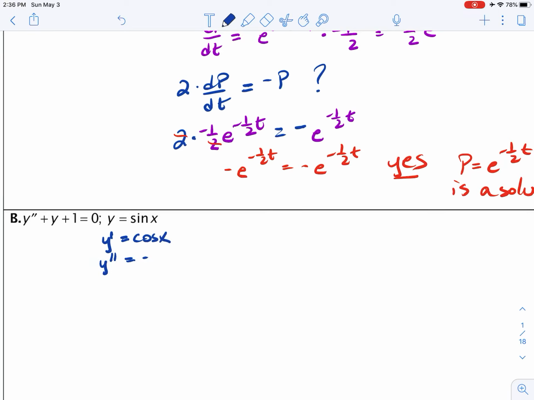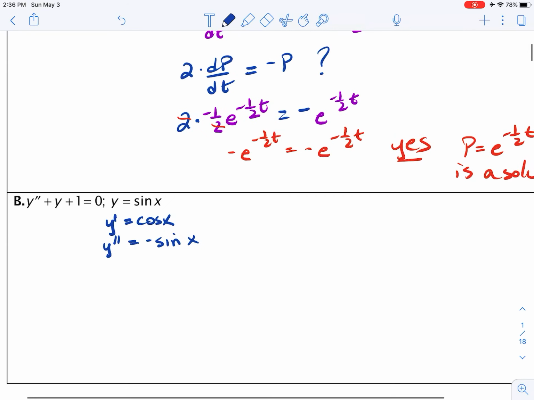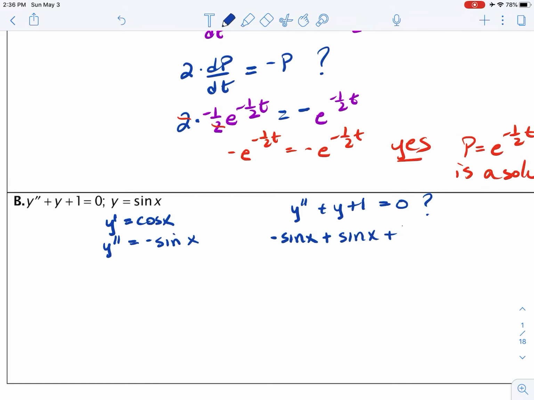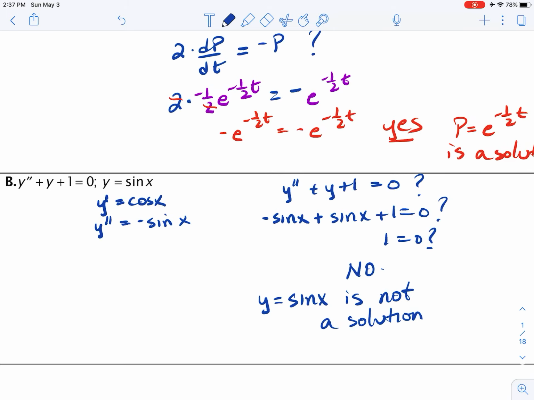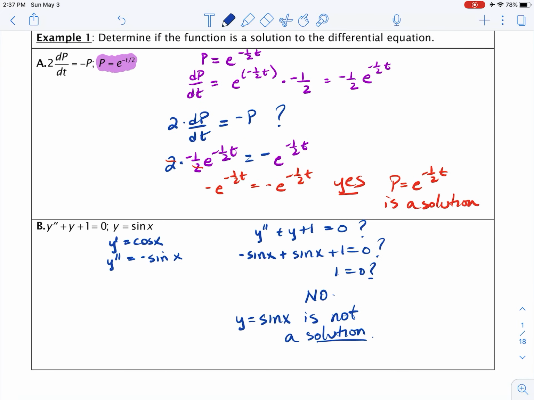The second derivative is minus sine x, and in substituting my values, does negative sine x plus sine x plus 1 equal 0? The negative sine x and the sine x go away. Does 1 equal 0? No. So conclusion, y equal to sine x is not a solution to the differential equation.